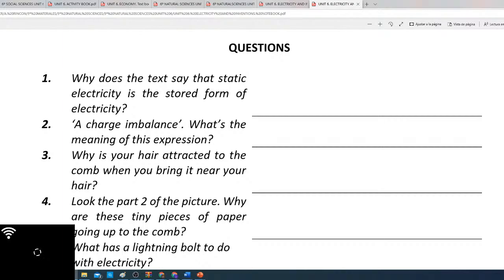The first one is, why does the text say that static electricity is the stored form of electricity? And the question is answered by the keyword because we can keep away some electrons from the comb.